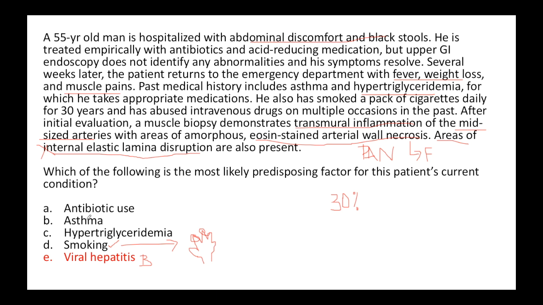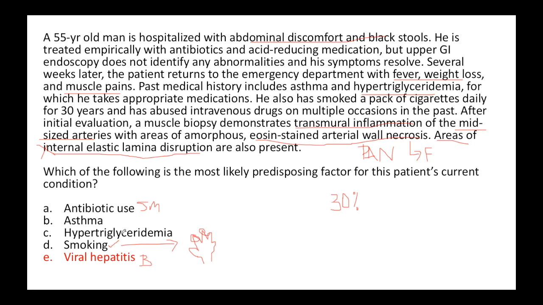And just to clear up the other ones, choice A, antibiotic use, would be related to microscopic polyangiitis, which is our small vessel vasculitis. So that's not what it is.